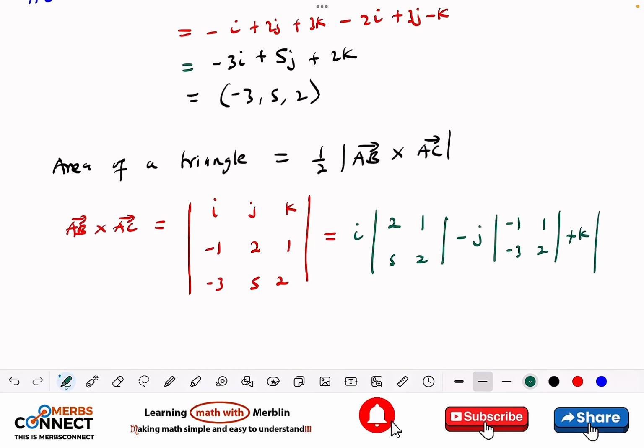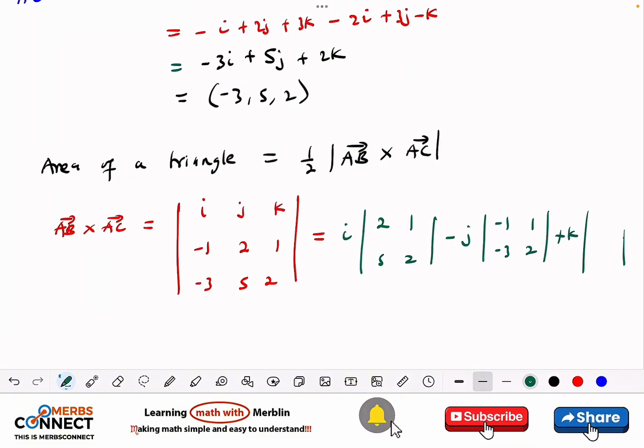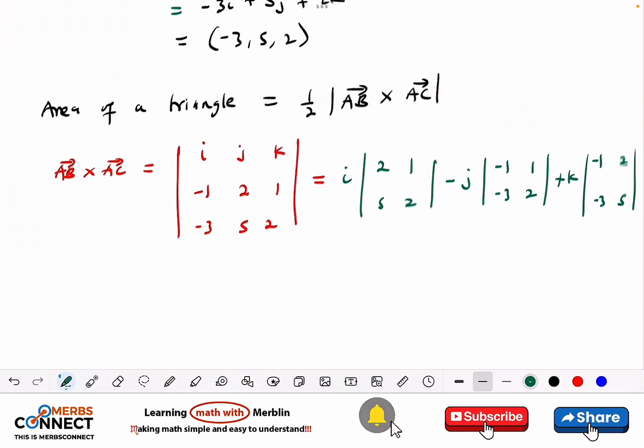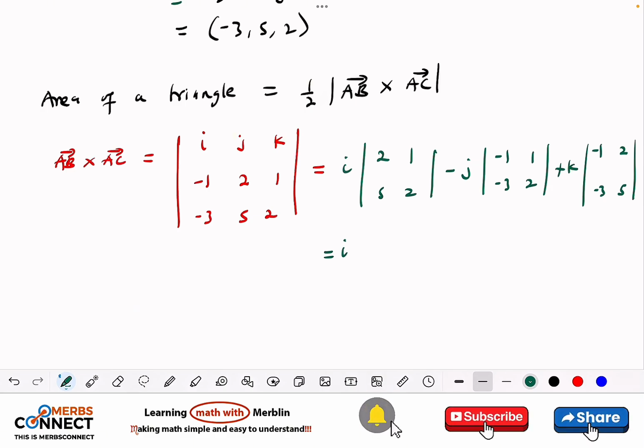Plus K, cancel this, -1, 2, -3, 5. Good. So I, this is going to be this times this, and then this times that. So we are going to have 4 minus 5, minus J times -2 plus 3, plus K times -5 plus 6.